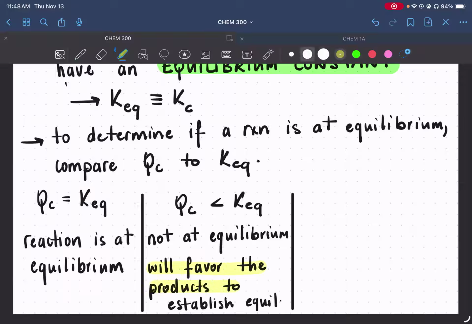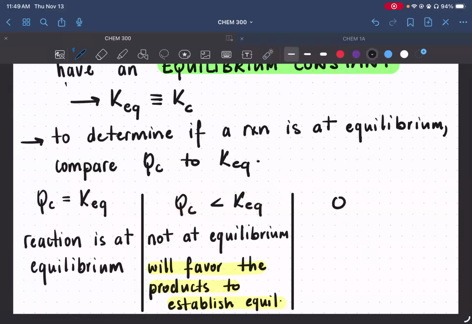All right, so here's a little new phrase, will favor the products to establish equilibrium. We don't know exactly what that phrase means just yet, but we know that if QC is less than KEQ, then it is not at equilibrium.